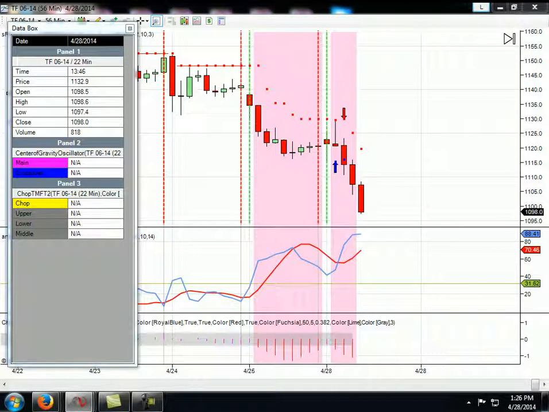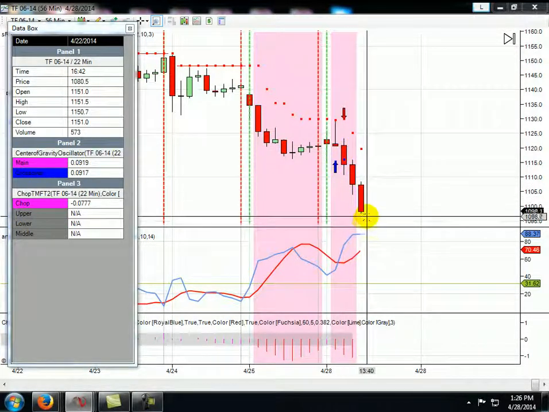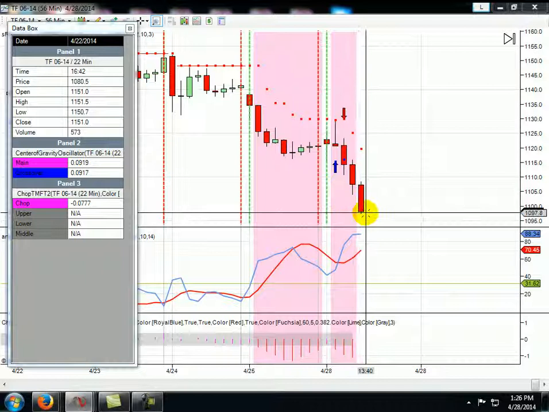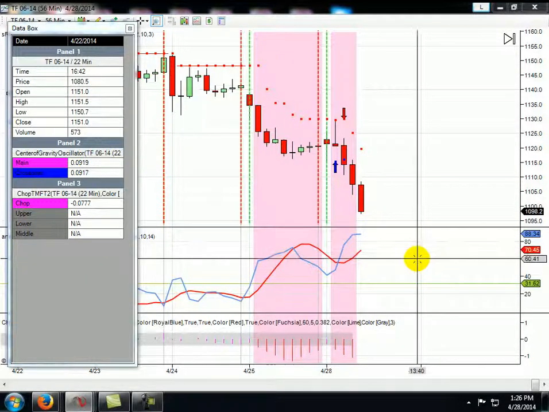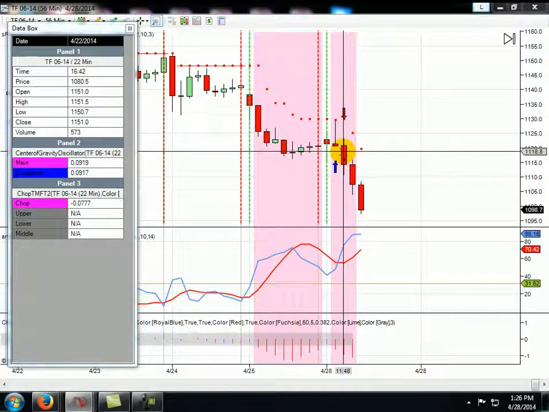So this would be a good entry. We get in here at 1128. We're currently at what is this? 1098. Yeah, that's $2,000. Let me see if I did that right. Yeah, 1120.8 to 1098. That's a little over $2,000 right now.